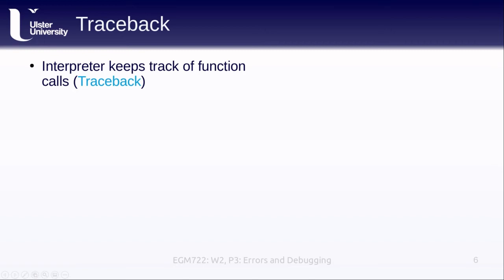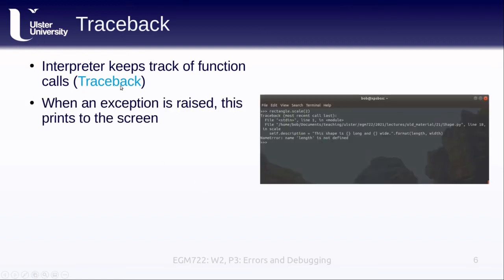The reason that it does this is so that if an error shows up, it can say exactly where that error started. This is something called a traceback. So when an exception is raised, that's what prints to the screen. And you can see here it says traceback, most recent call last. So we're reading from top to bottom in terms of the most recent to the original call where the error popped up.